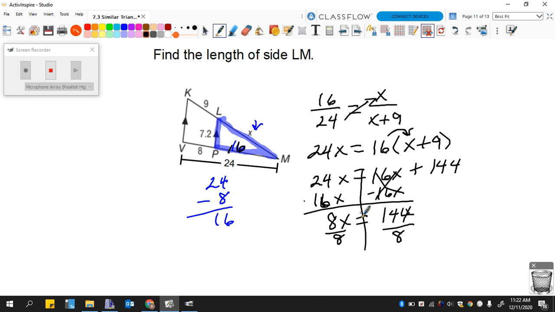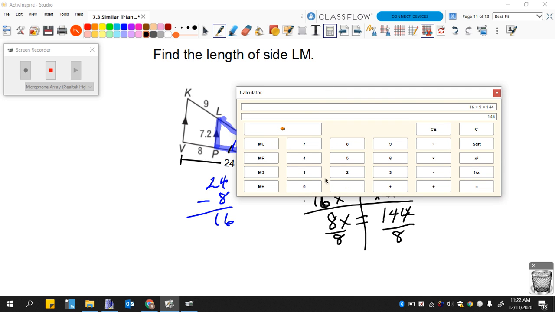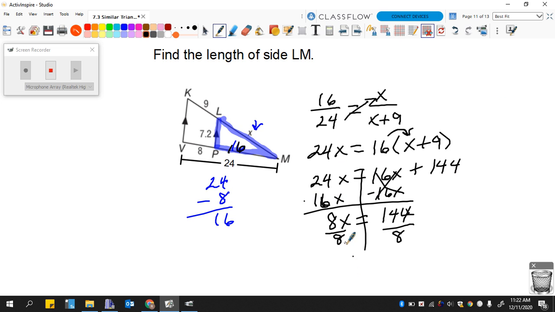So we're going to say 144 divided by 8 gives us 18. This calculator is very small, so it's hard for me to see it. So x is equal to 18.